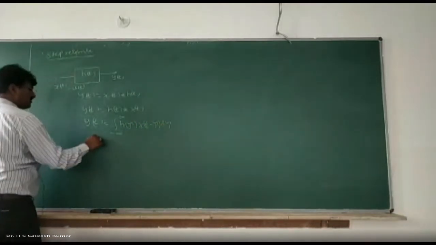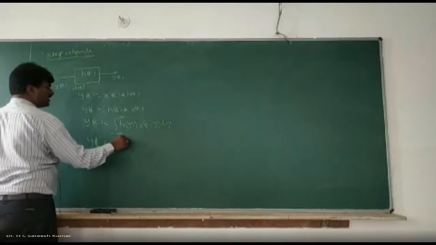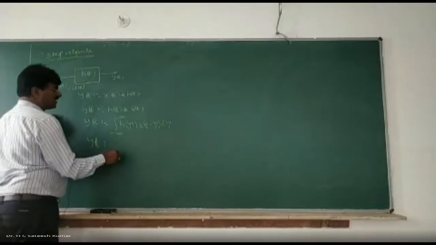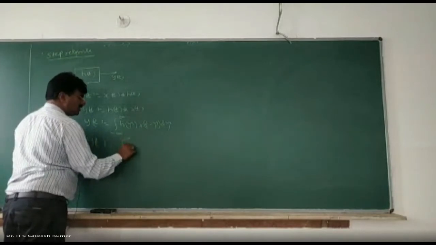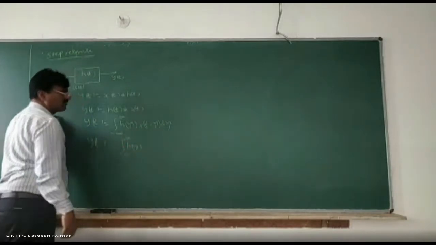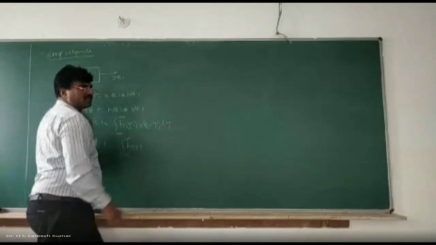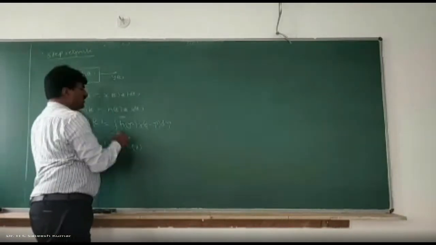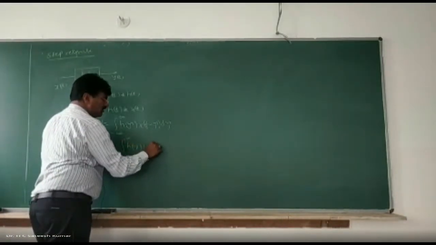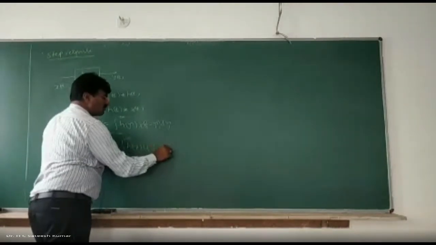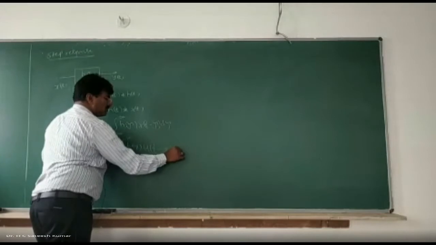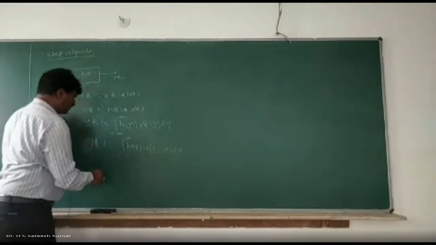Y of t is equal to the integral from minus infinity to plus infinity of h of tau into x of t minus tau. X of t is what? U of t is replaced for x of t. So x of t minus tau means u of t minus tau, d tau. Okay. What is this u of t minus tau?